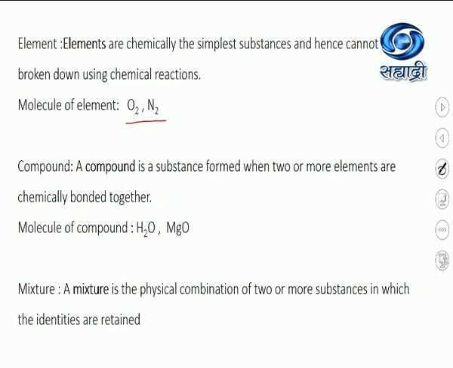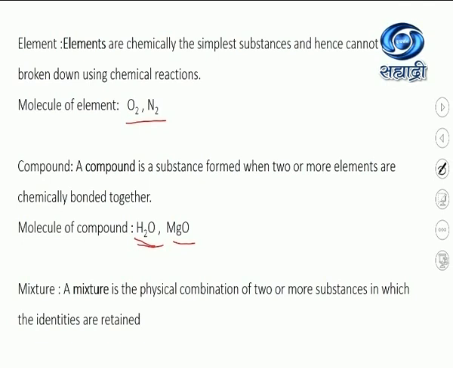What is a compound? A compound is a substance formed when two or more elements are chemically bonded together. In a compound, the proportion of constituents is fixed. So molecules of compounds like water and magnesium oxide, because here hydrogen and oxygen are present in water, and magnesium and oxygen are present in magnesium oxide.